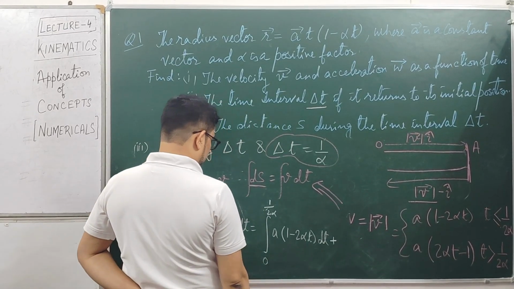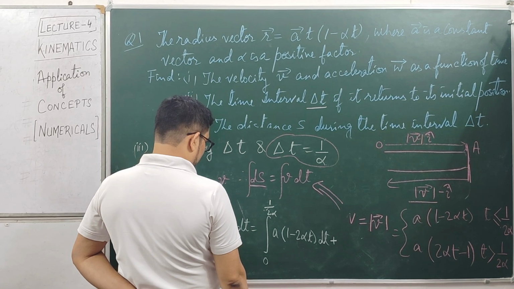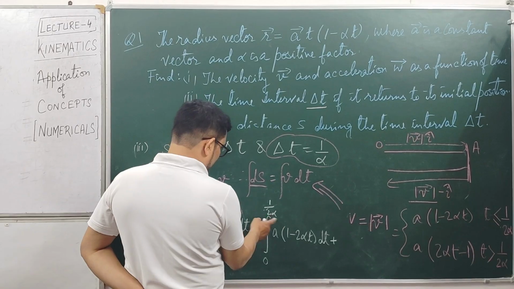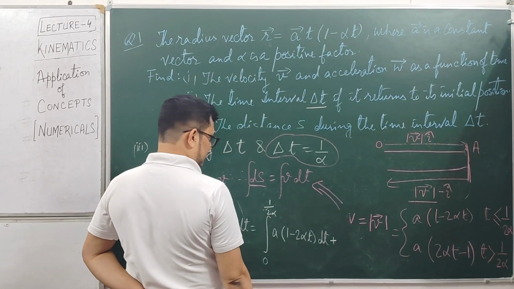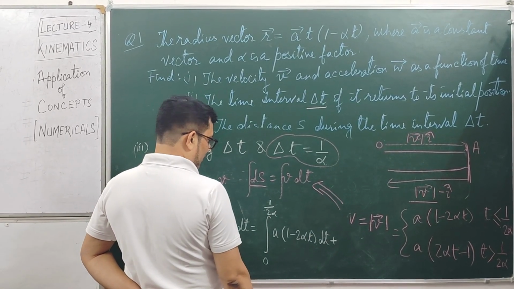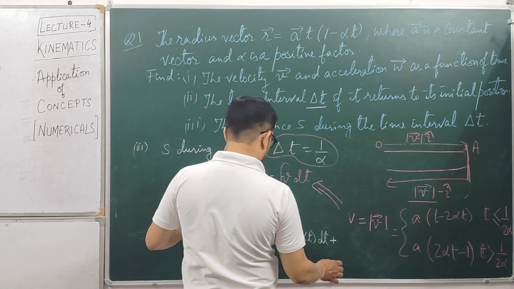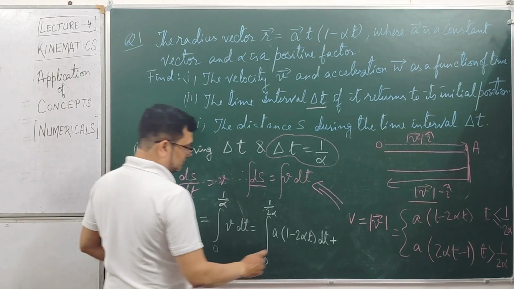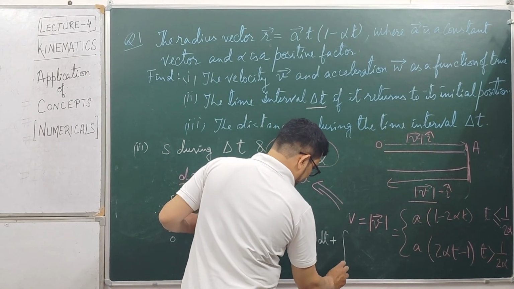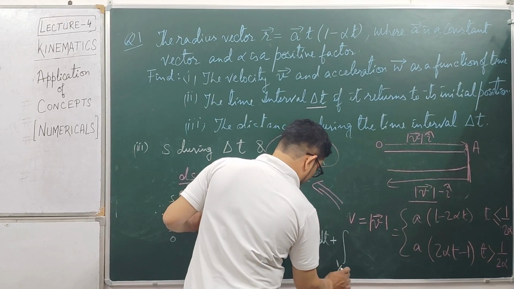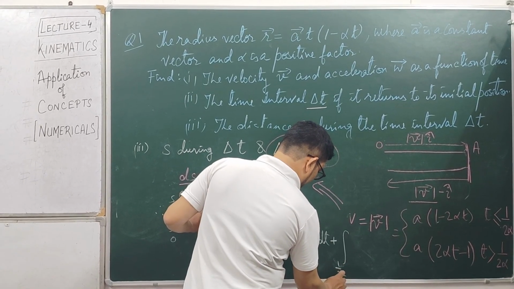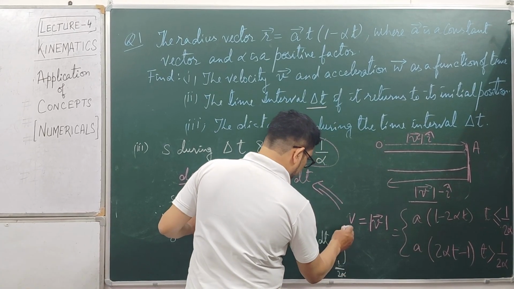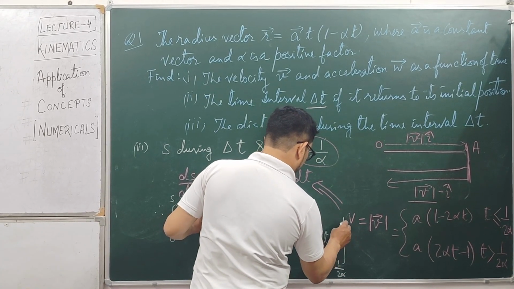Plus, we need to then go, because this equals half, to the final time, that is going to be 1 over α. That delta t is 1 over α. So we need to reach there. So the limit here is going to be from 1 over 2α to 1 over α.